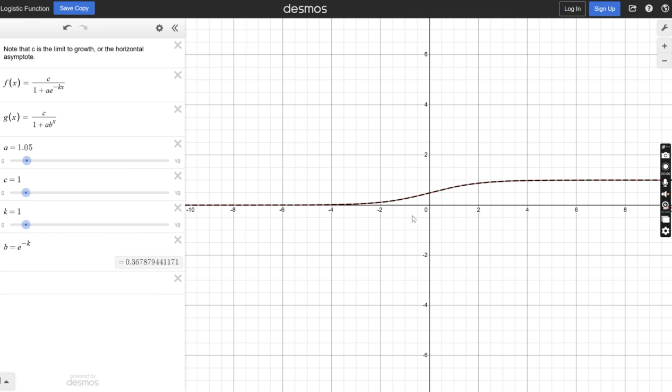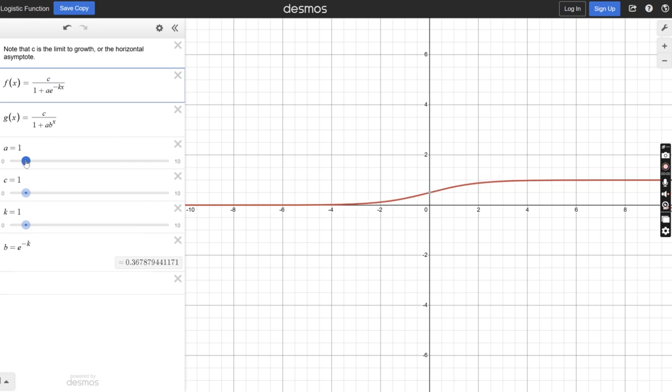This is the logistic equation. This is the original equation for logistic regression, but the numerator is 1 for us, so the c value should be 1. This becomes 1 divided by 1 plus a value, and the a value should be 1.